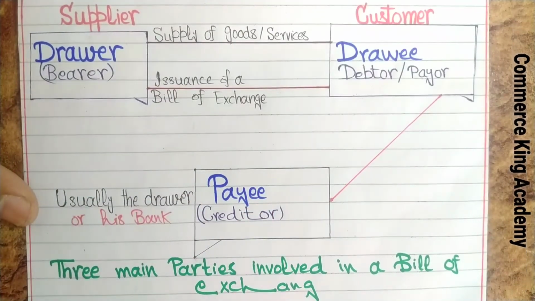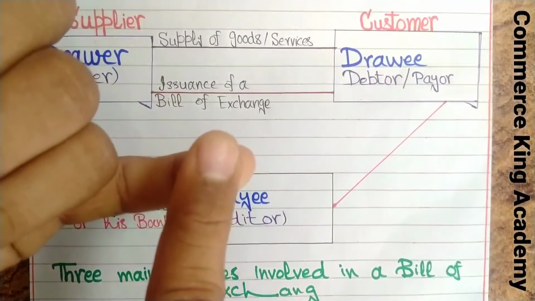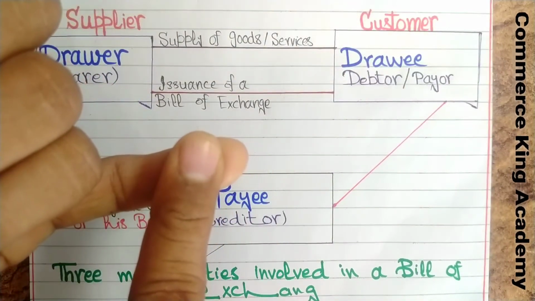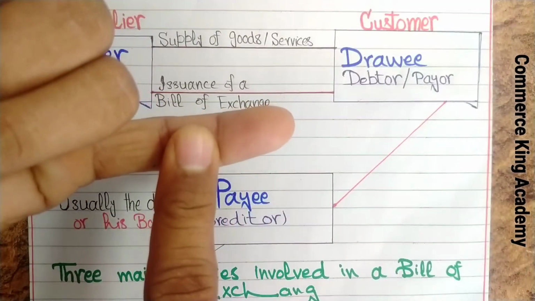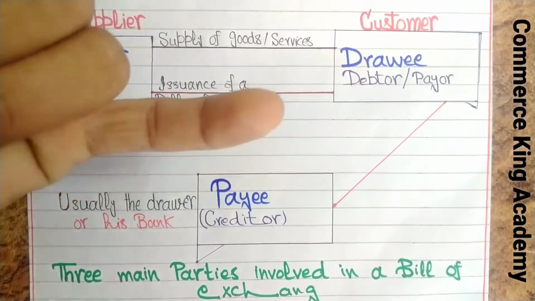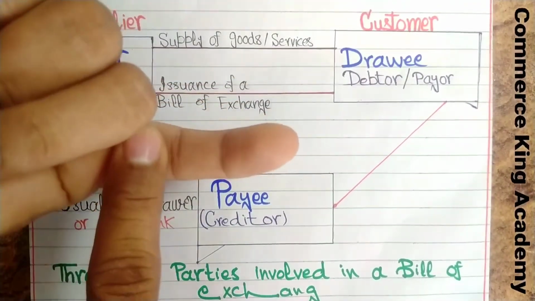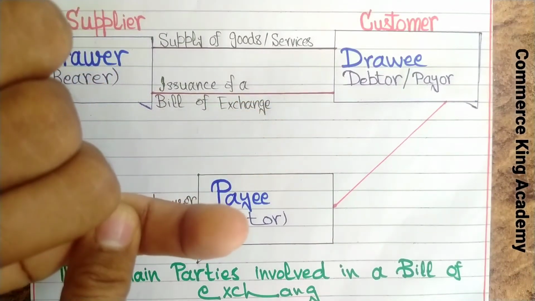That's it. So dear students, so far we have understood what a bill of exchange is, its contents, specimen and format, as well as its parties.